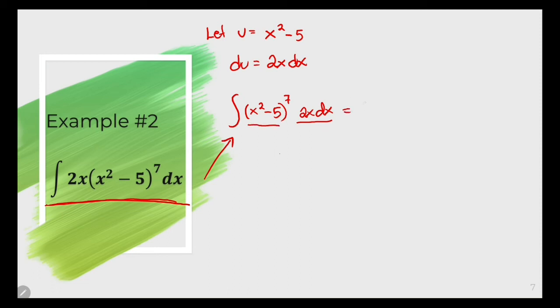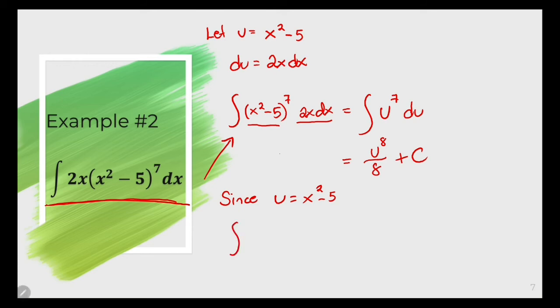By substitution, this is equivalent to u to the power of 7, and the 2x dx is equivalent to du. Applying the power rule, this is u to the power of 8 over 8 plus the constant c. Since u is equivalent to x squared minus 5, substitute x squared minus 5 into u.